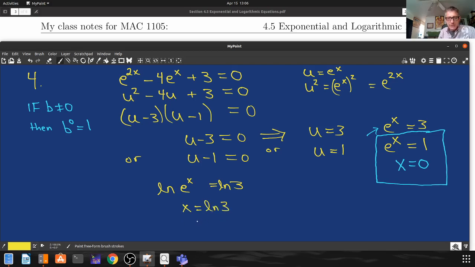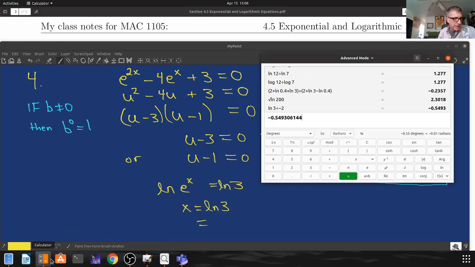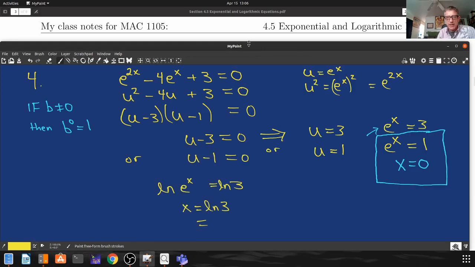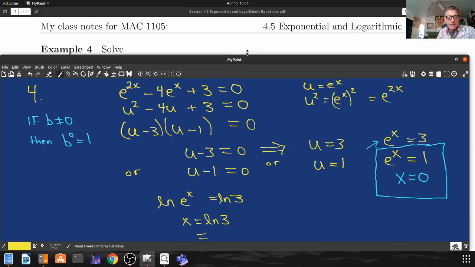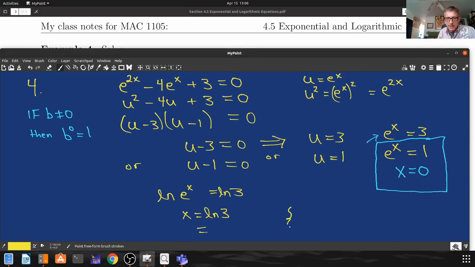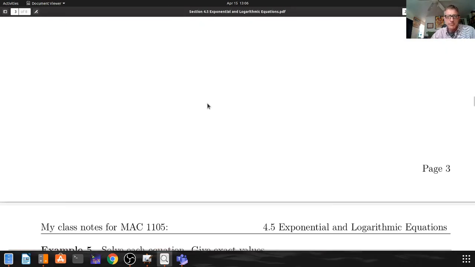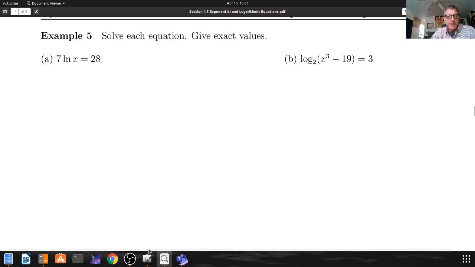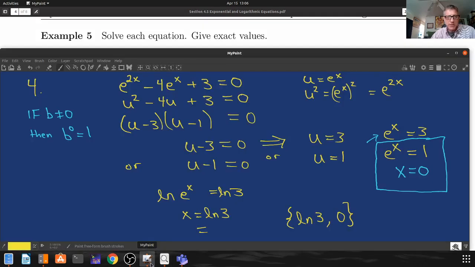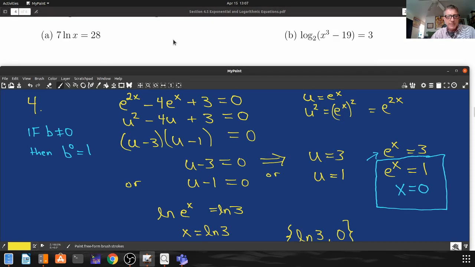That's the exact answer, and the instructions say give an exact value. So our solution set is the natural log of 3 and 0. So x is either one of those two values.